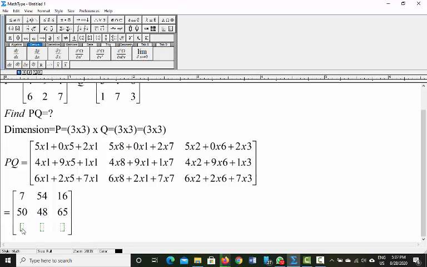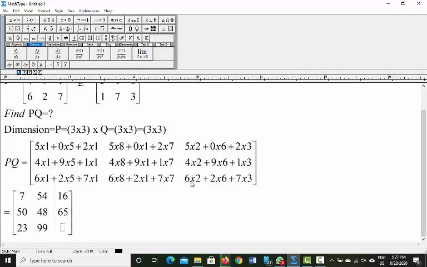Now here this one 6 multiplied by 1 is 6, 5 multiplied by 2 is 10. So 10 plus 6 is 16, 16 plus 7 is 23. Now this one 6 multiplied by 8 is 48 plus 2 is 50, 50 plus 49 is equal to 99.